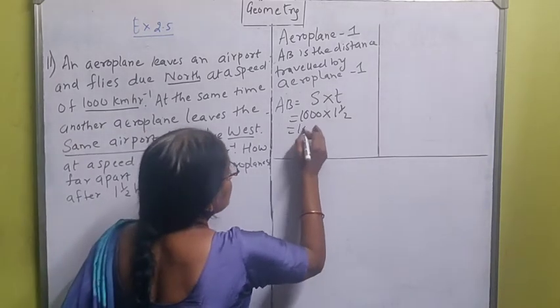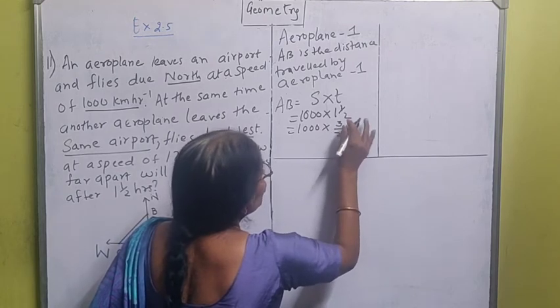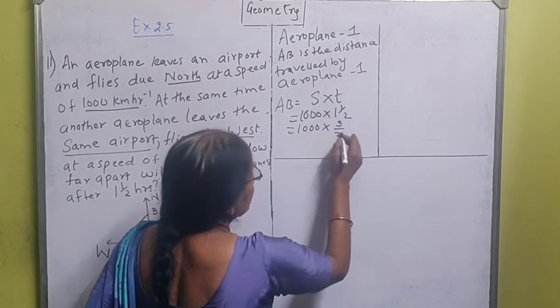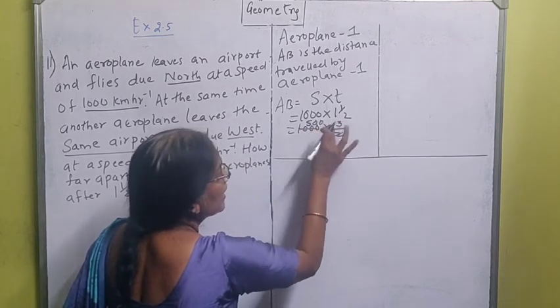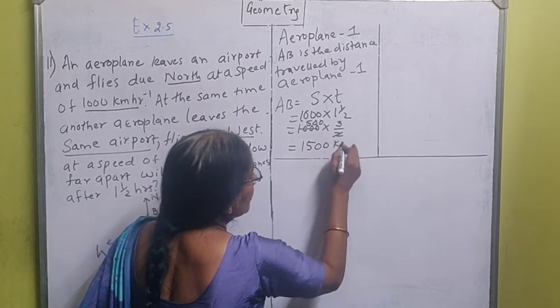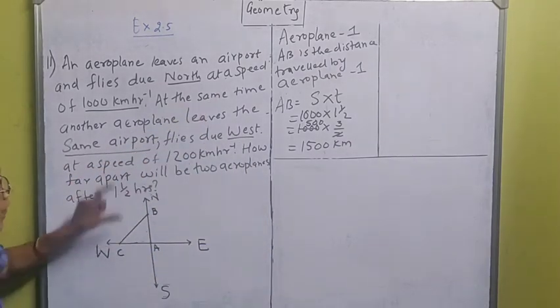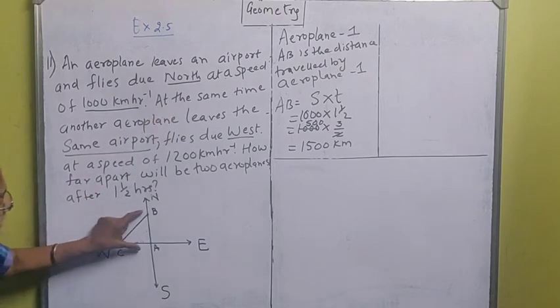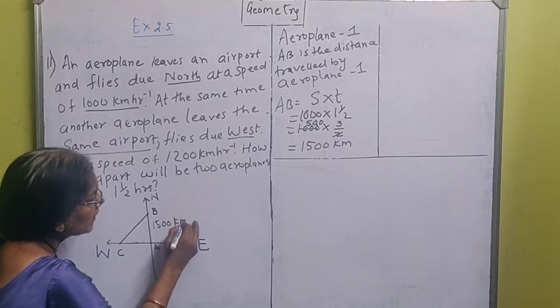So we will get 1000 into 3 by 2. 2 ones are 2, 2 plus 1 is 3. So we can cancel over here. It will become 500. 2 5s are 10, 0. So we got 1500 kilometer as the distance travelled by aeroplane 1, that is AB.